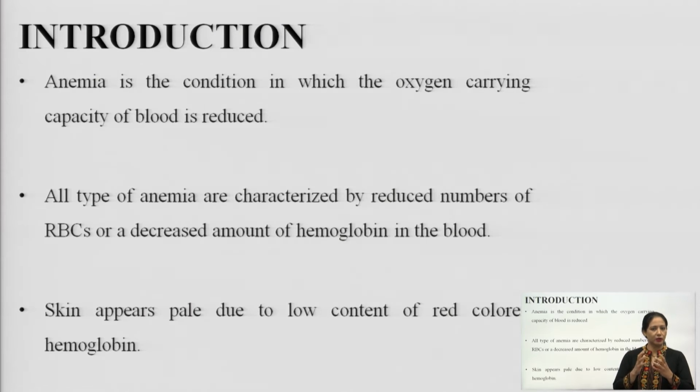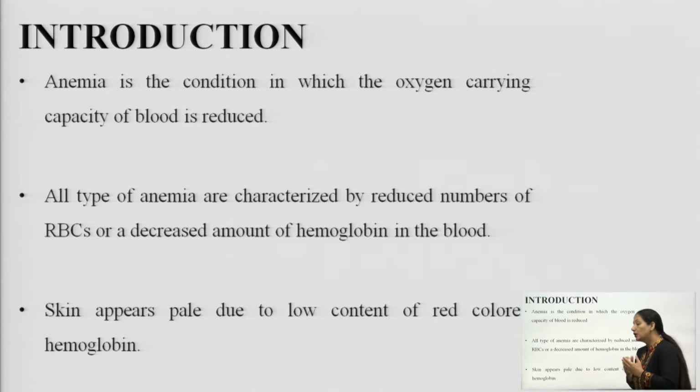So if there is a decreased number of RBC in the blood, or a deformation in their structure, or a defect in the synthesis of RBC formation, then it will lead to anemia. So we can say that anemia is a condition in which the oxygen carrying capacity of the blood is reduced.